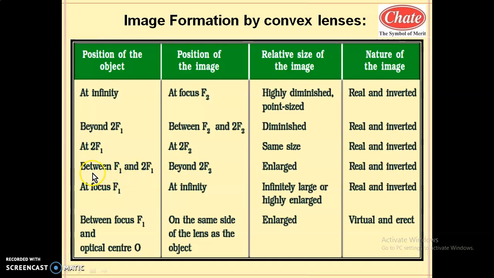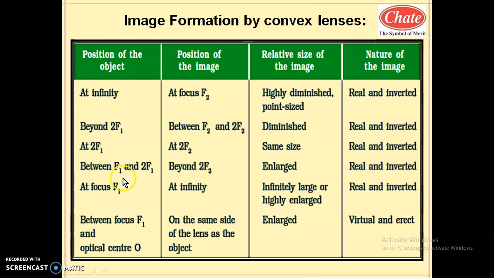If the object is further shifted between 2F1 and F1, then the image will be beyond 2F2. Now after the same size, the image size will be enlarged. It is again real and inverted.